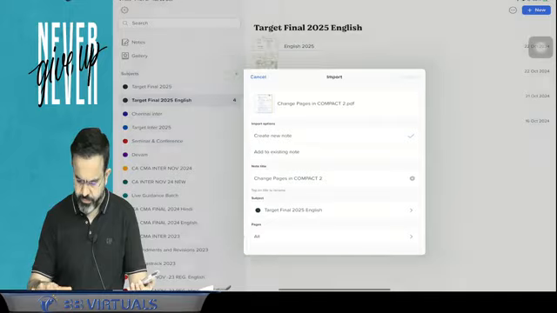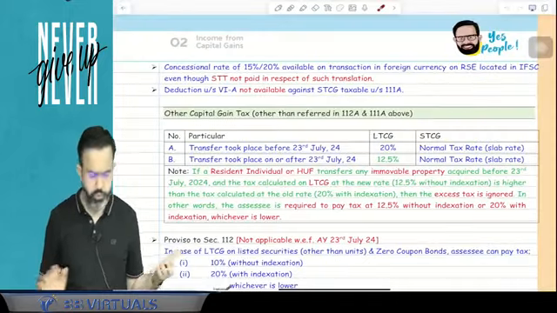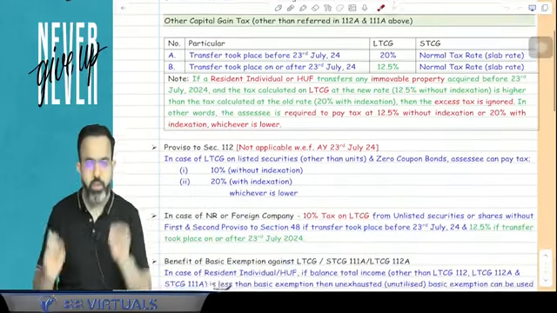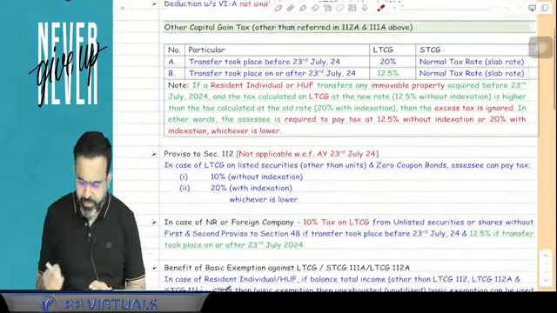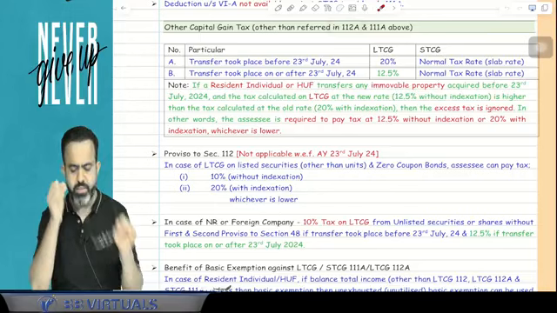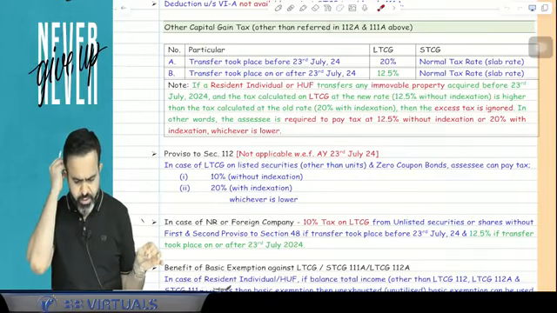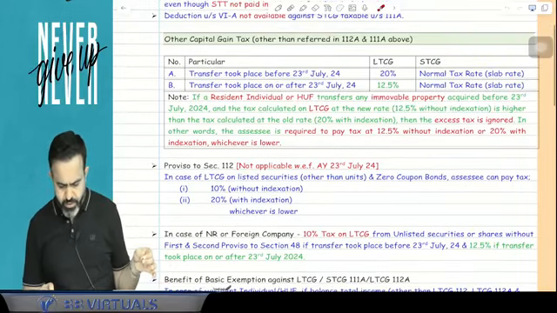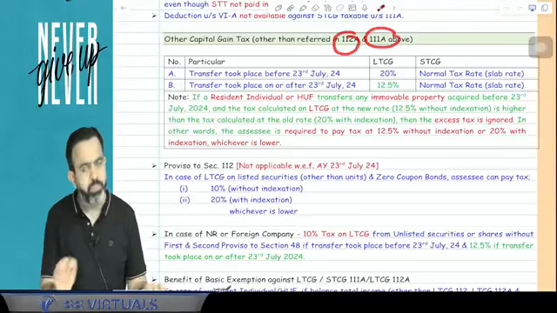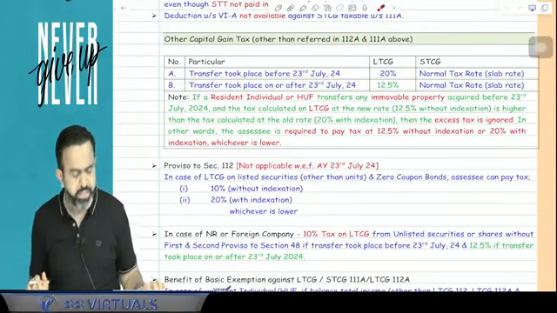Yes, people. So here in your book, what is written? Try to understand. For the computation of capital gain other than under section 112A and 111A, how will you calculate the capital gain?